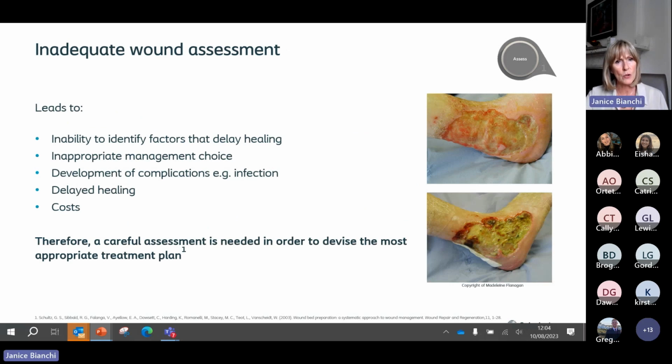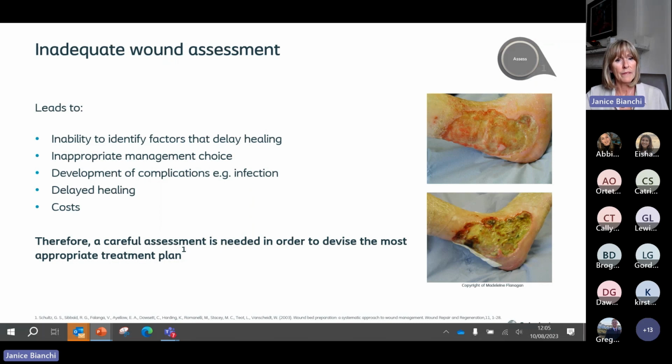Because if we don't do a detailed assessment, this is the sort of thing that can happen, and you can see the deterioration from the top picture to the bottom picture in this wound, primarily because of inadequate wound assessment. If we don't assess wounds correctly, we can't identify the factors which are delaying healing. We might make the wrong management choice.